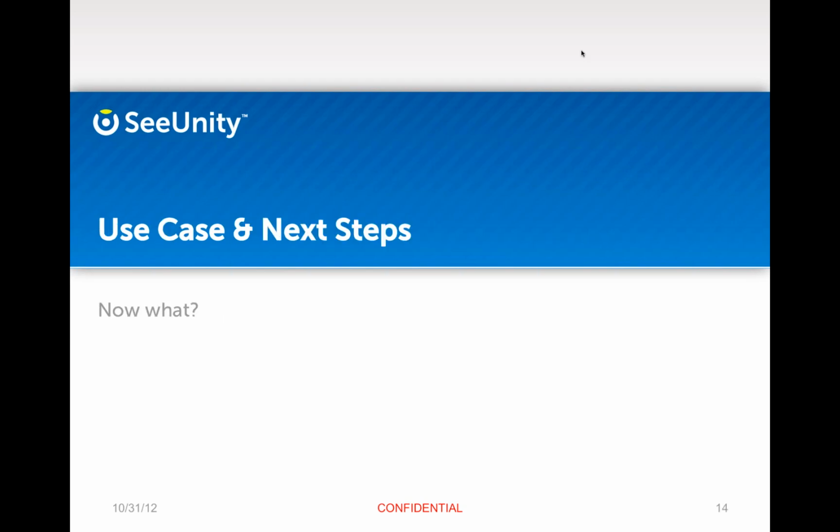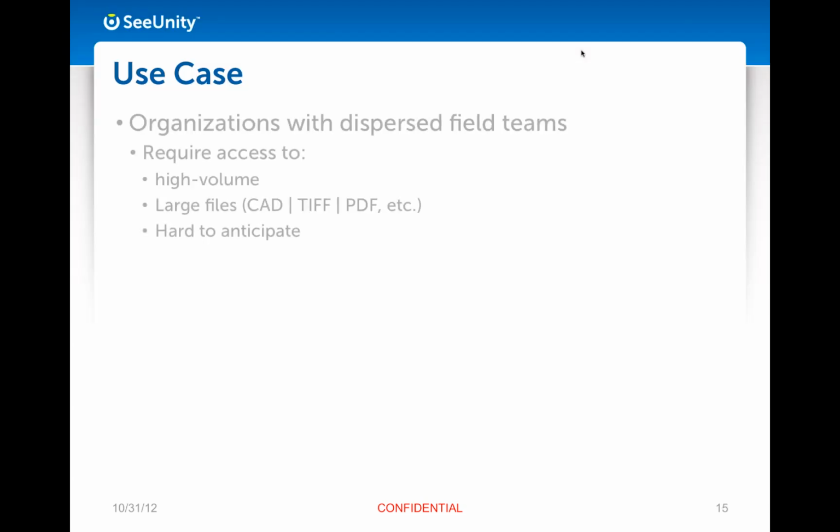Let's take a look at a quick use case from one of our earliest adopters and next steps. So if we think about the use case, organizations with dispersed field teams that require access to both high volume documents and files that are large, so graphical files, CAD, TIFF, PDF scans, etc., and teams that are going to have difficulty anticipating ahead of time which documents they need.